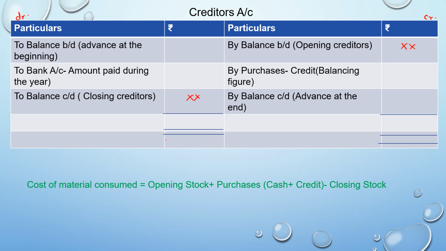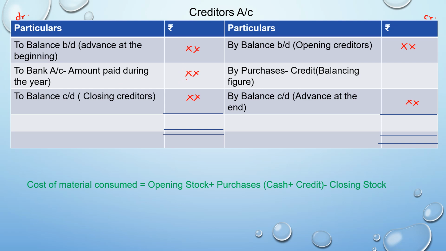Then we would incorporate any advance. The advance at the beginning would have a debit balance, so it is written as 'to balance brought down', advance at the beginning, here. And the closing advance, that is advance at the end, would come on the credit side. Further, the amount that we took as a starting point in our statement, that is the amount paid during the year, which you would also find on the payment side of the receipt and payment account, is taken here because the journal entry that we pass is creditors to bank.